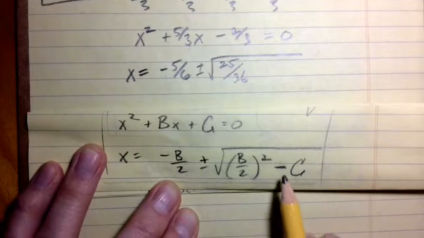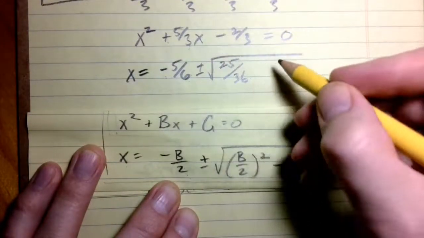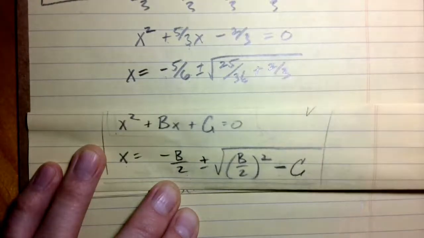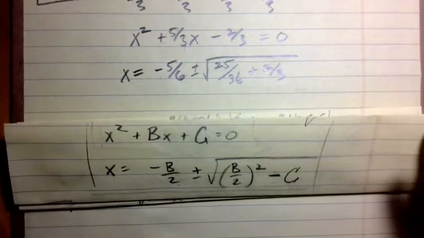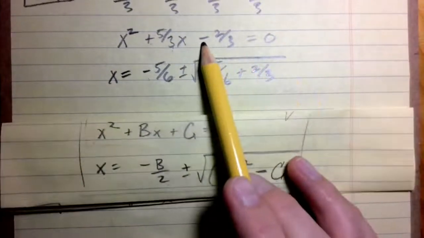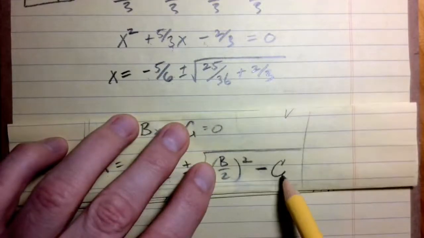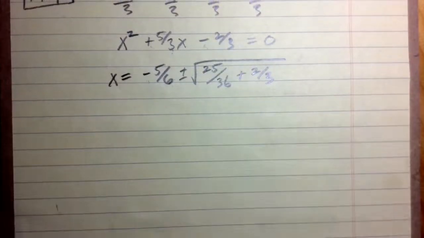My formula says minus c, so I'm going to do plus 2/3, because c is negative 2/3, so when I'm subtracting c, I'm going to add this number in, add 2/3.